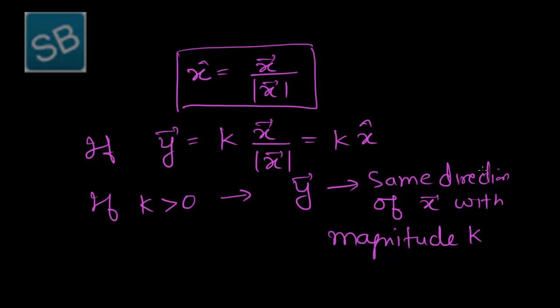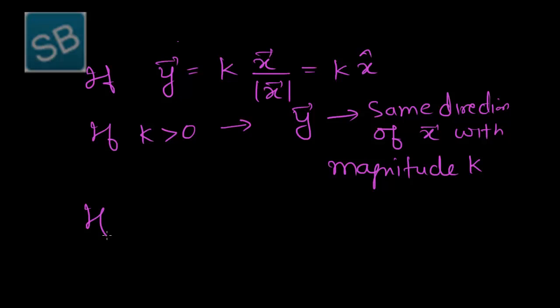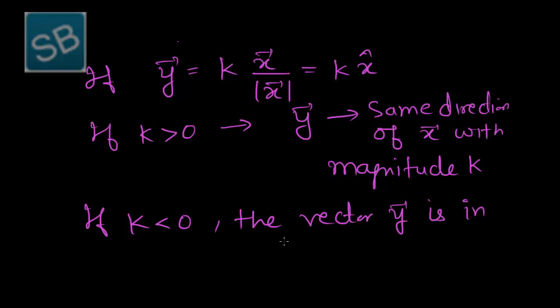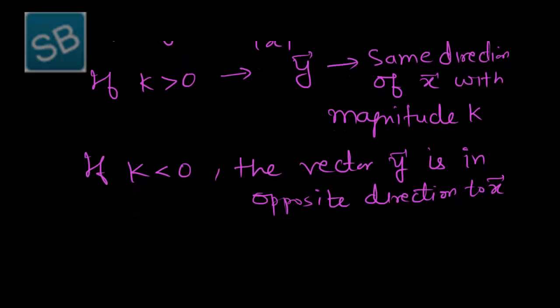And if k is less than 0, then the vector y is in opposite direction to vector x with magnitude k.